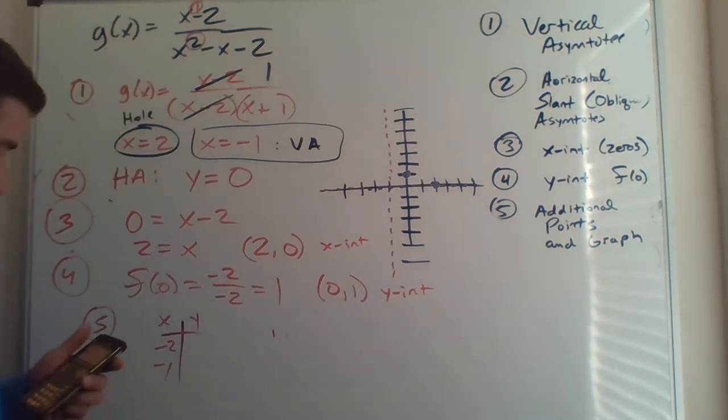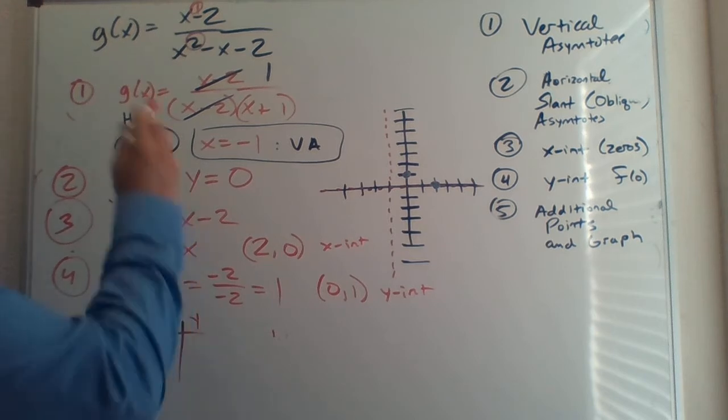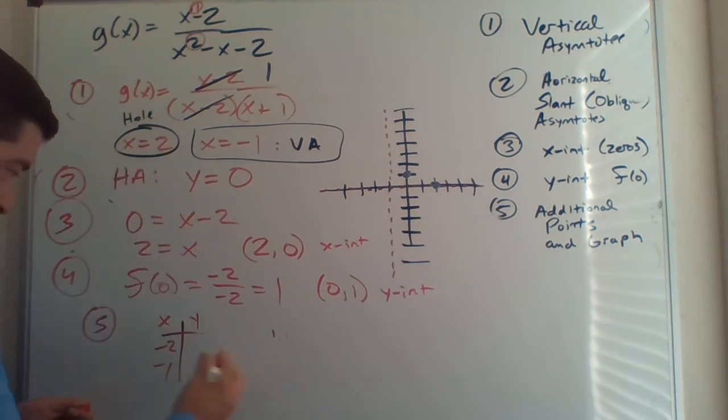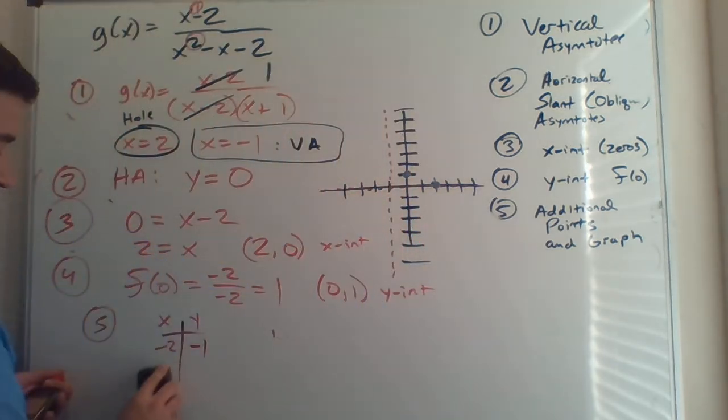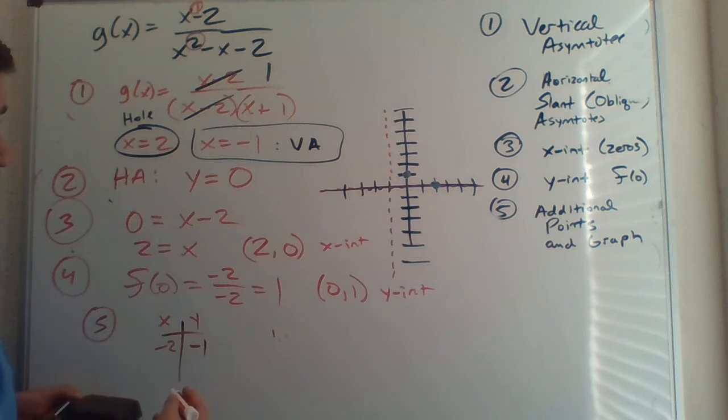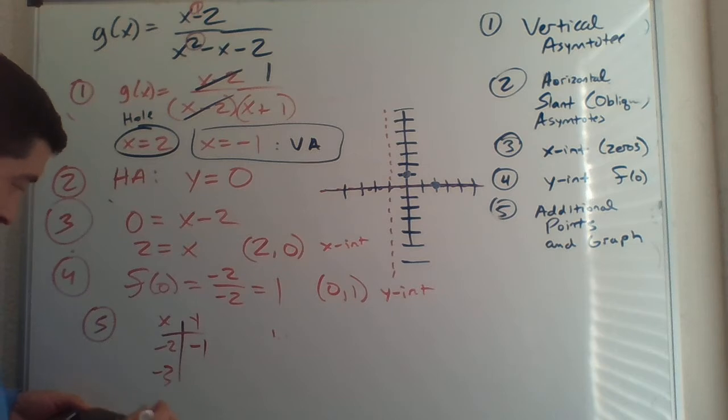Okay, so on the calculator, if I plug in -2 into the function, you get -1. And then I should realize I don't want to plug in -1 because that's the asymptote. That'll be undefined. We could probably plug in -3 as well. Okay, so -3, I get -1/2.